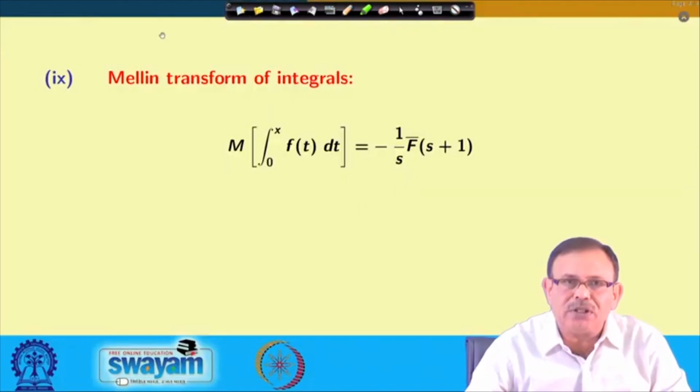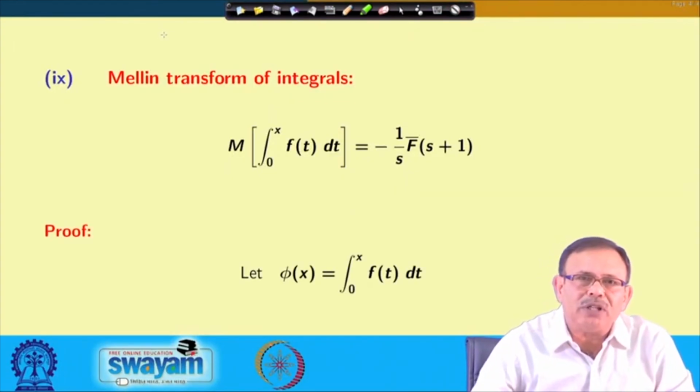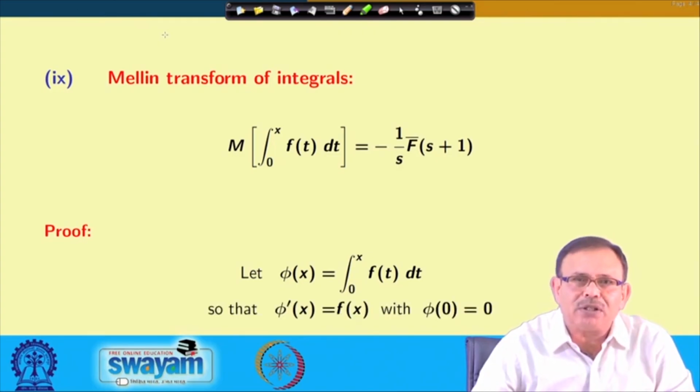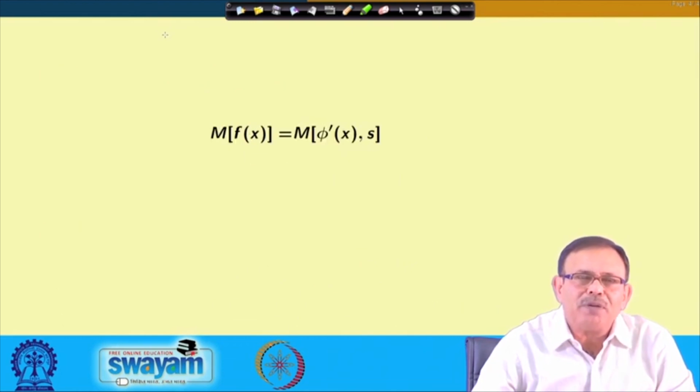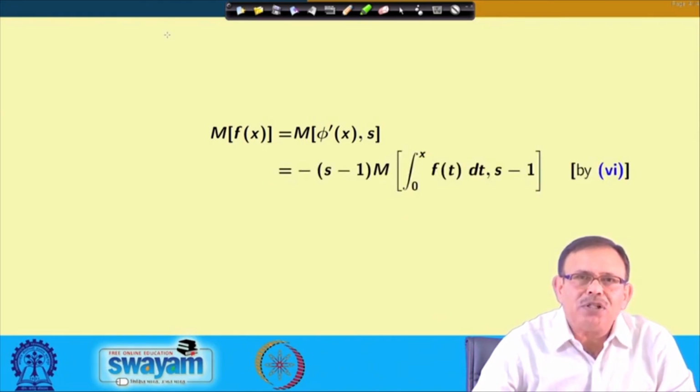So, let us quickly see this one. We are assuming that phi(x) equals integral from 0 to x of f(t) dt. So, you can always write phi dash x equals f(x), where phi(0) equals 0, which you can find from the integral itself. So, the Mellin transform of f(x) equals the Mellin transform of phi dash x with the parameter s. Using property 6, that is the derivative property which we have done earlier, you can write this equals minus s minus 1 into the Mellin transform of integral from 0 to x of f(t) dt, where the parameter is s minus 1.